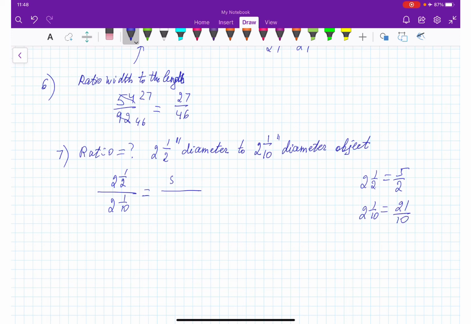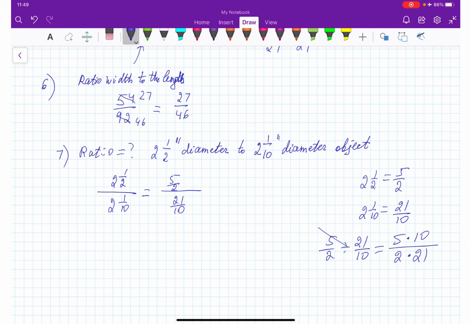So it's going to be 5 over 2 divided by 21 over 10. So how do we divide? Division of fractions: you flip the second fraction, 21 over 10 becomes 10 over 21, and you do multiplication, or you do cross multiplication. I will put the video on operations with fractions at the end of the video.